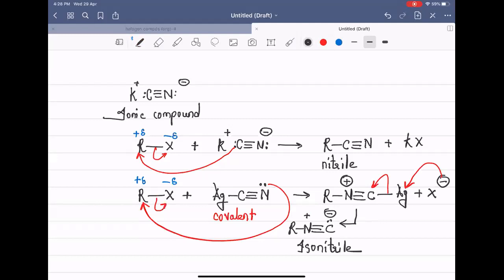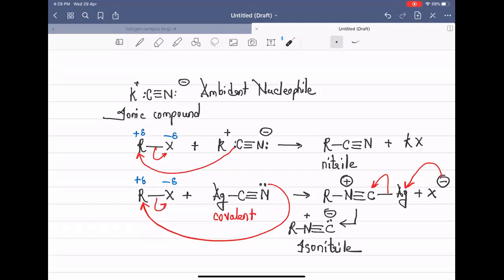CN is called an ambident nucleophile because it has two nucleophilic sites from where electrons can be given.